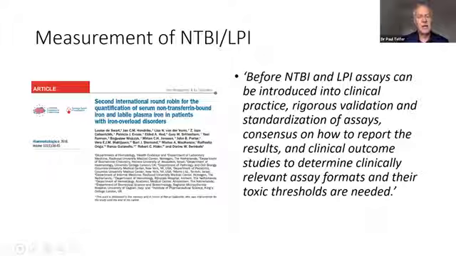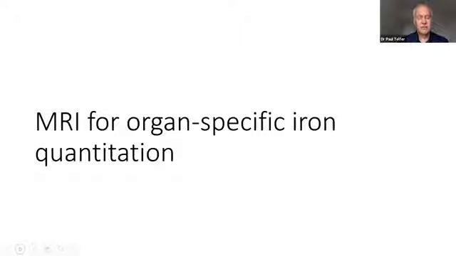But I think this paper is particularly helpful in demonstrating the variety of different methods that can be used, and the variation in the results and in the interpretation and the difficulty in standardizing these methodologies. So based on this paper and other papers, the advice really is that at the moment LPI and NTBI shouldn't really be used in routine clinical practice. Next slide.